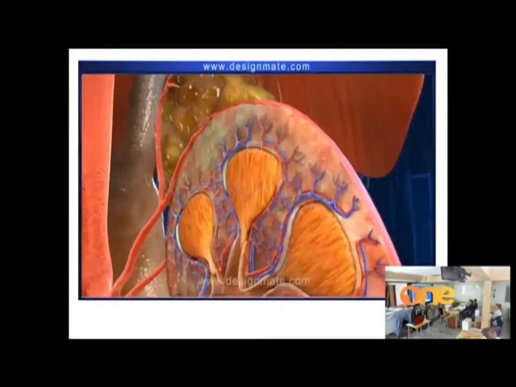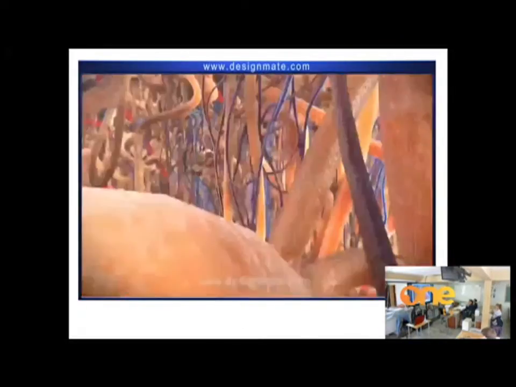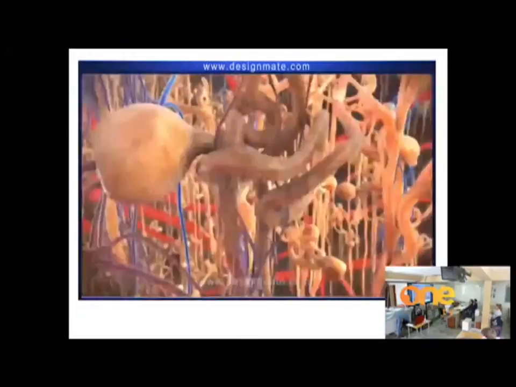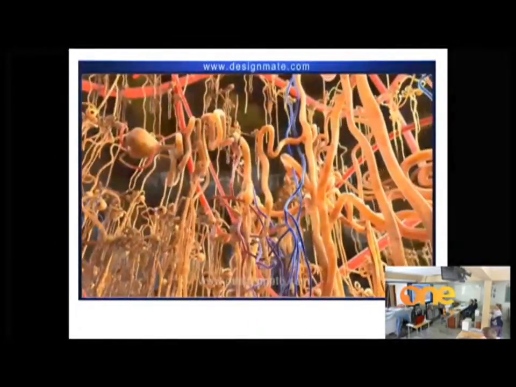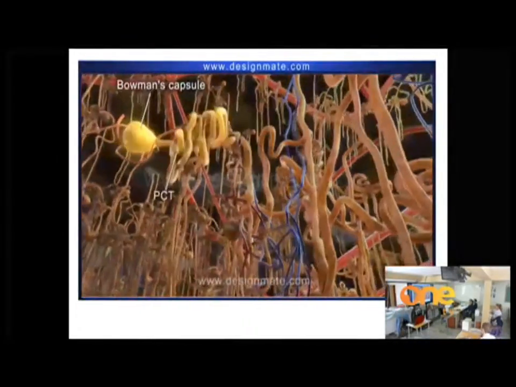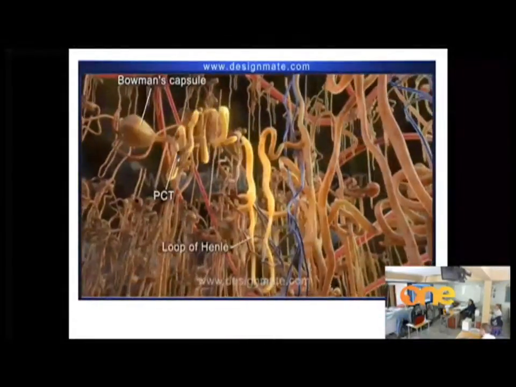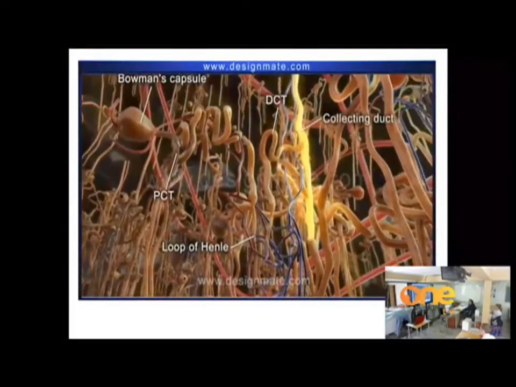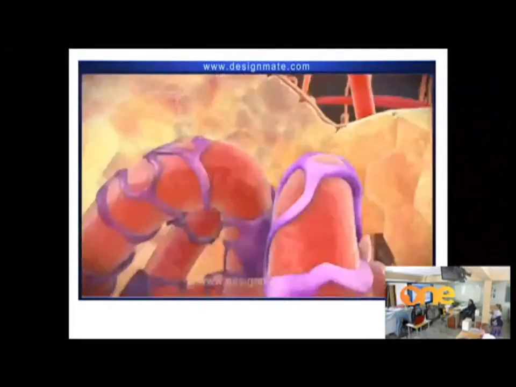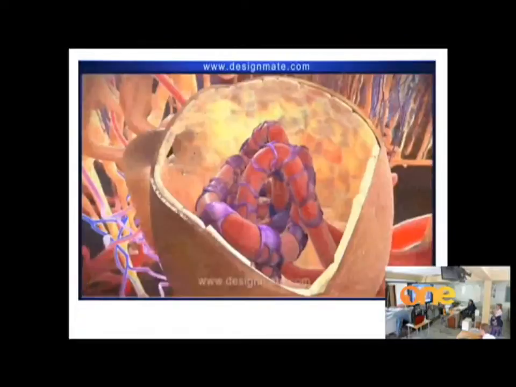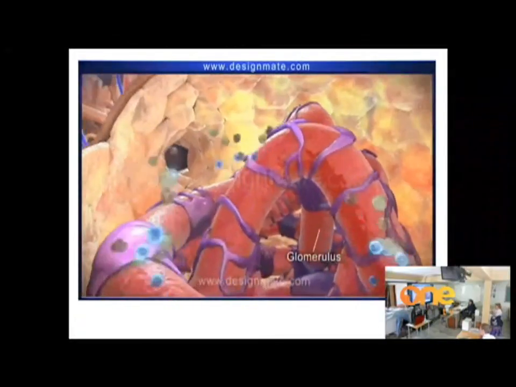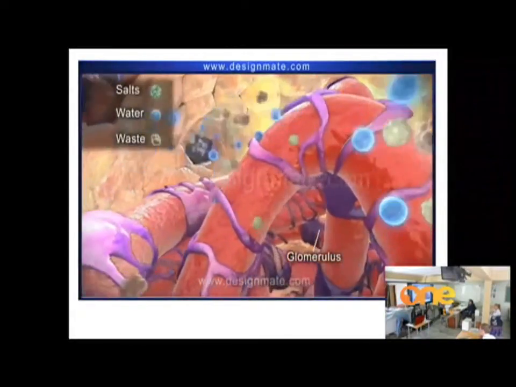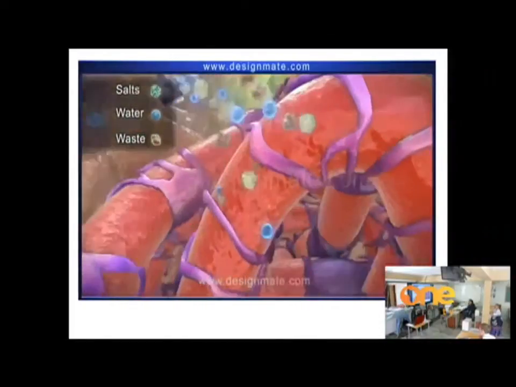Inside the kidney, we observe numerous nephrons. Each nephron has a Bowman's capsule, a proximal convoluted tubule, a loop of Henle, a distal convoluted tubule that leads to a collecting duct. In the cavity of the Bowman's capsule, there is a bundle of capillaries known as the glomerulus. As blood flows through the glomerulus, water, salts, and waste diffuse into the Bowman's capsule.